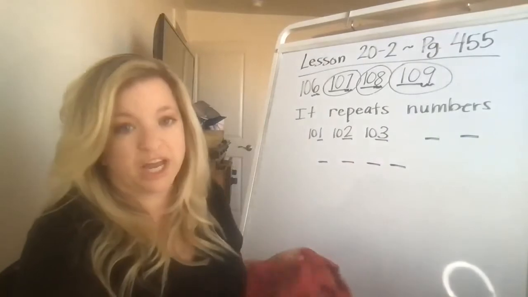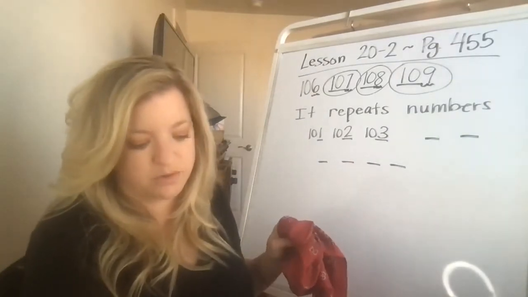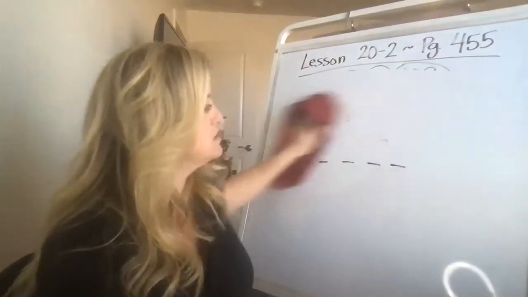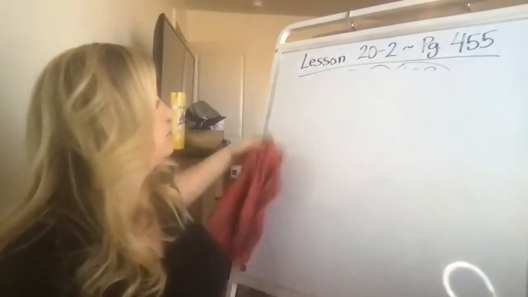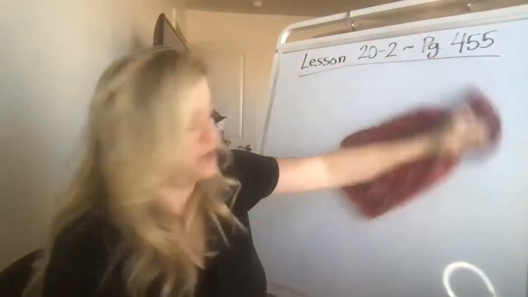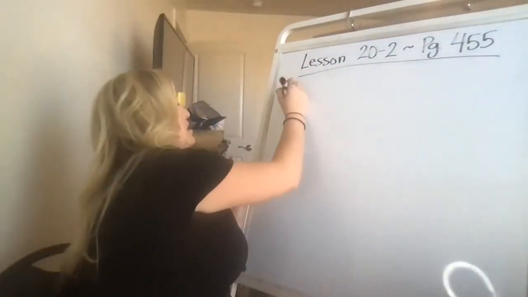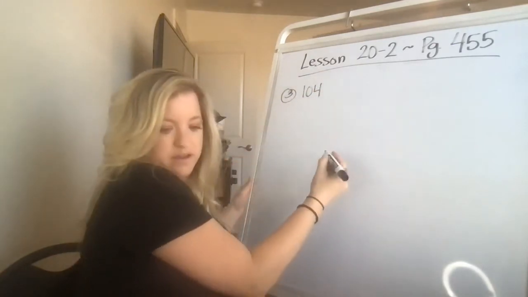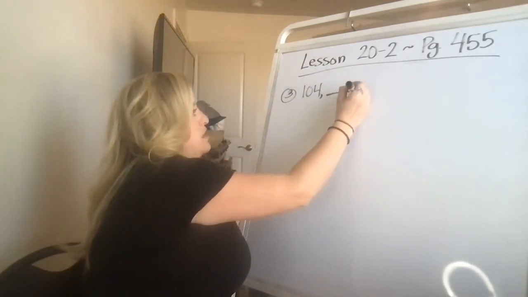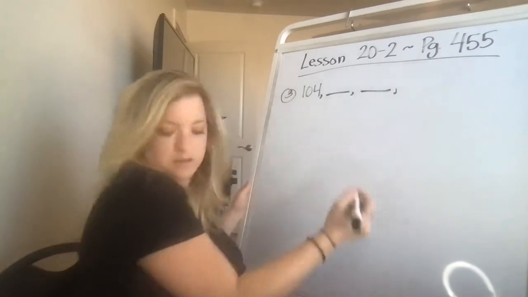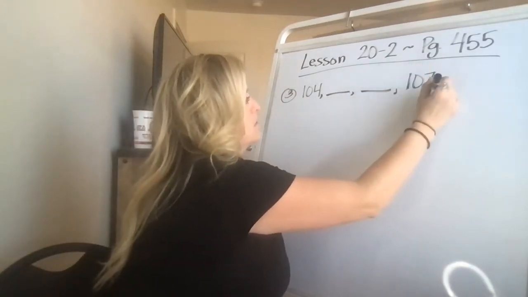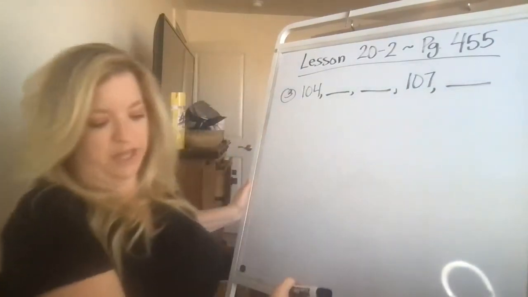Now below it says apply it, fill in the blanks, count by ones. So we're going to count by ones from 104, where they have us starting. Number 3 says 104, comma, blank, comma, blank, comma, 107, comma, and then you're filling in the blank.